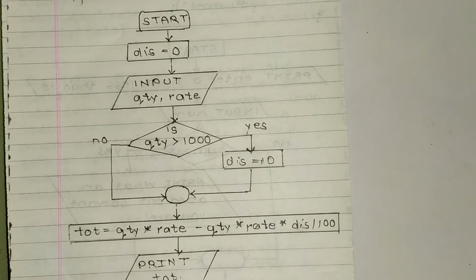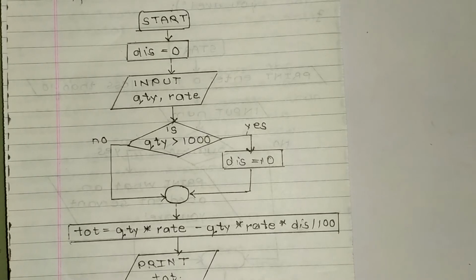Now there are two options, that is yes and no. So if yes, discount is equal to 10. So this is equal to 10, that means discount is equal to 10 if yes, and if no, then the arrow is proceeding further.